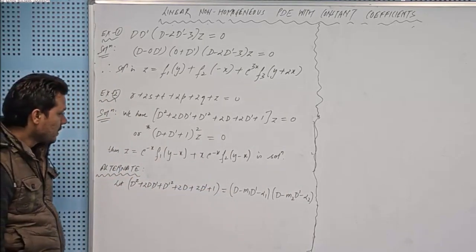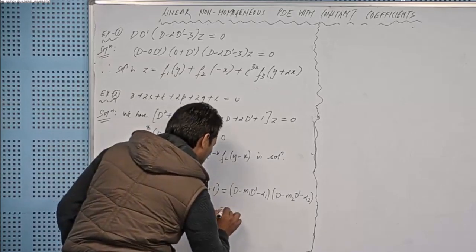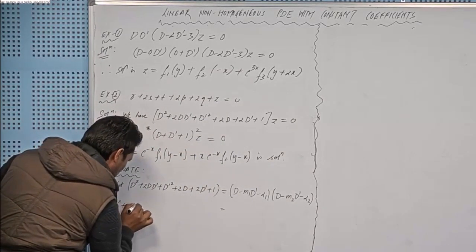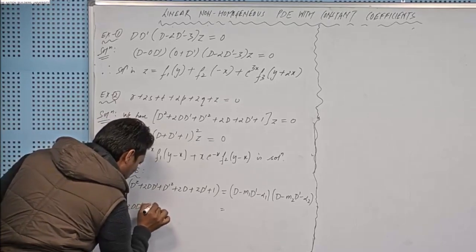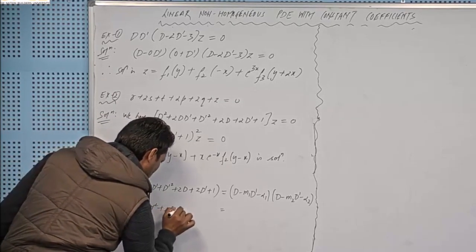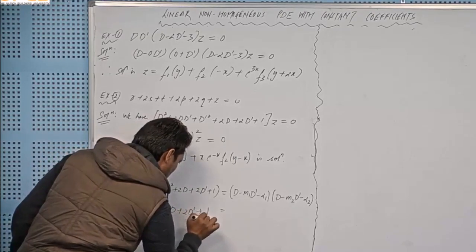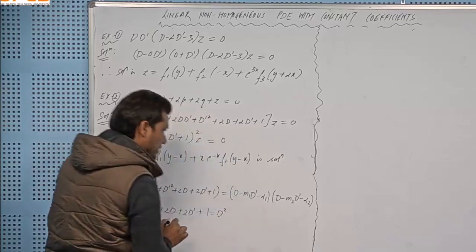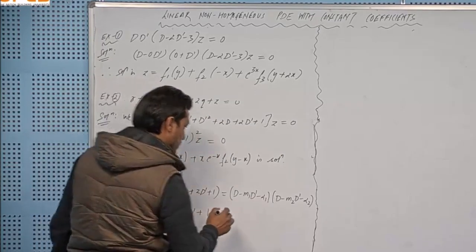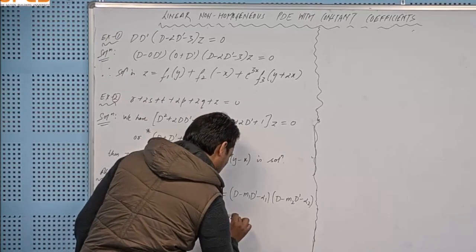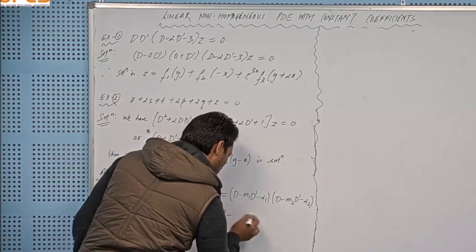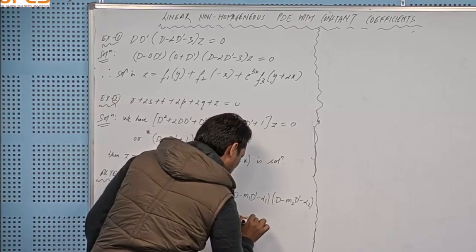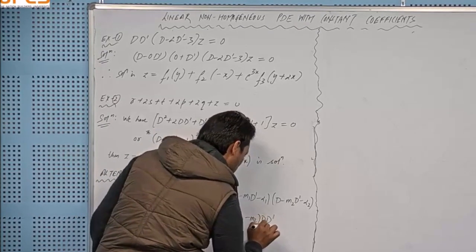Okay, now see, d square plus 2d d dash plus d dash square plus 2d plus 2d dash plus 1 is equal to, now multiplying this term, d square, right? And then picking the coefficient of d and d dash, that will be plus minus m1 minus m2 d d dash, right?